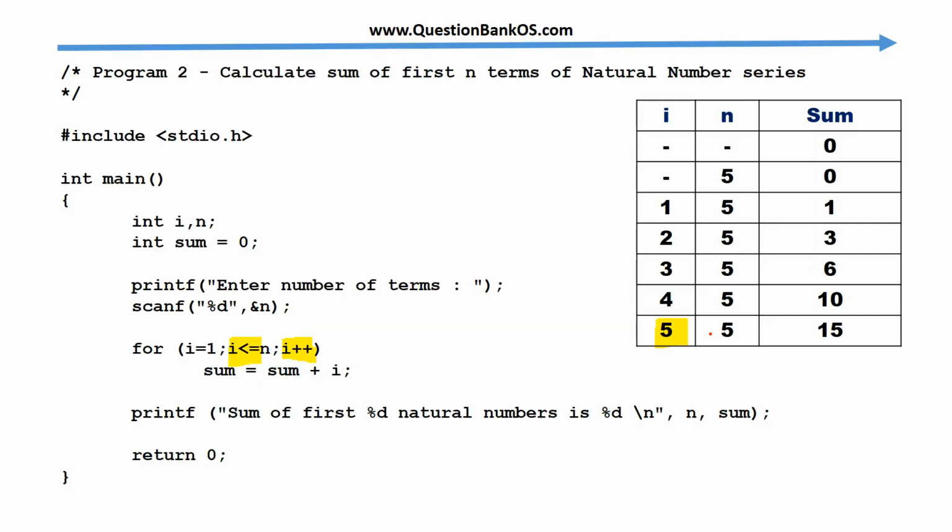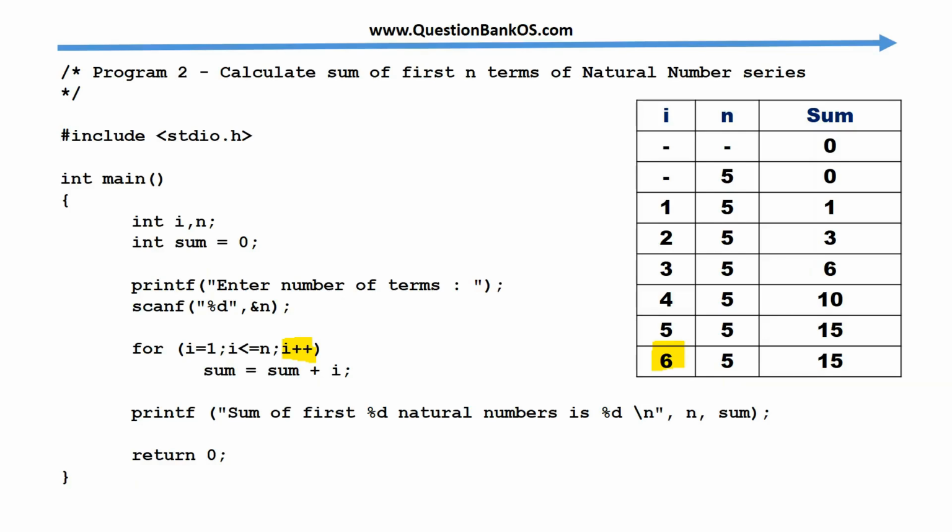And when I gets incremented further, the condition I less than or equal to n is not getting satisfied. So in that case, we come out of the for loop, because the value of I is 6 now and the value of n is 5. So 6 is greater than 5, so we come out of it.